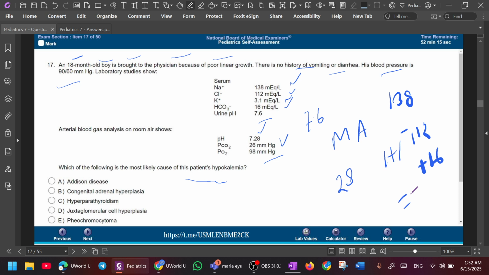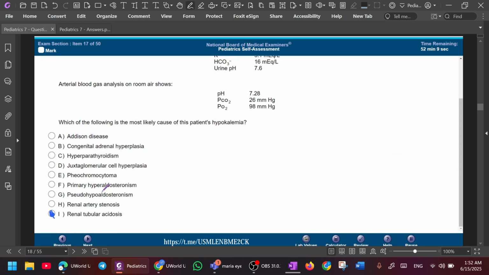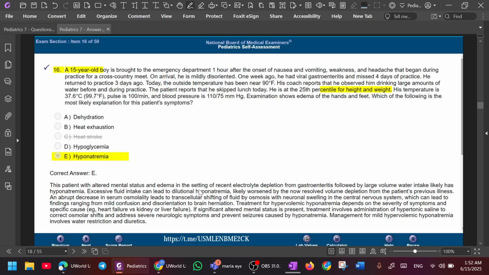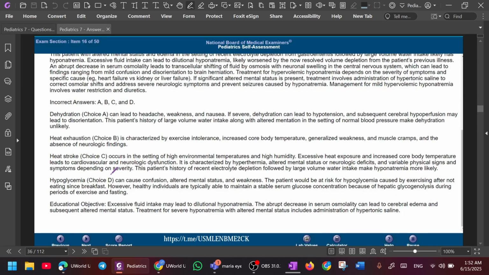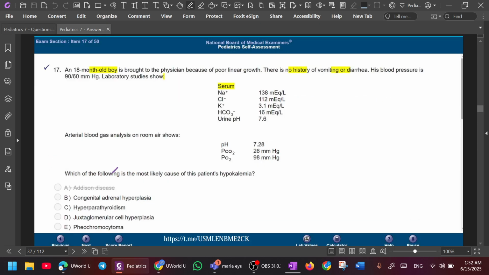It is normal anion gap metabolic acidosis, isn't it? I didn't calculate the anion gap. If you calculate it, then it would be easy. What was it again? Sodium minus chloride plus bicarbonate.